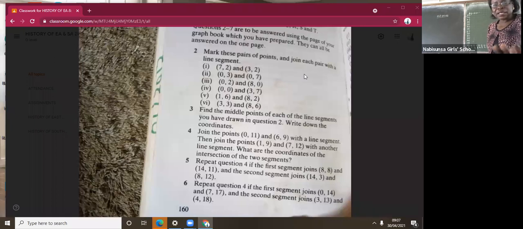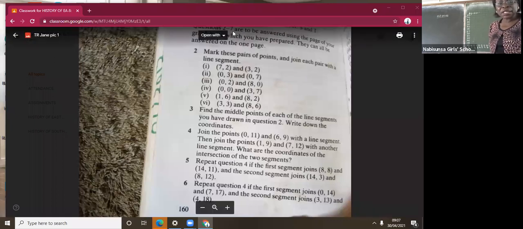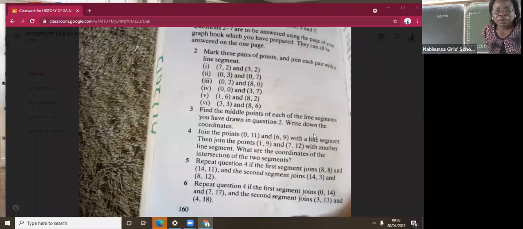We have pairs of points forming a line segment. When you look at the first pair, Roman 1, we have points (7, 2) and (3, 2).